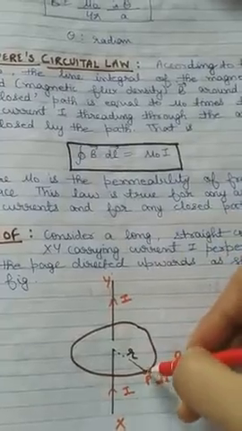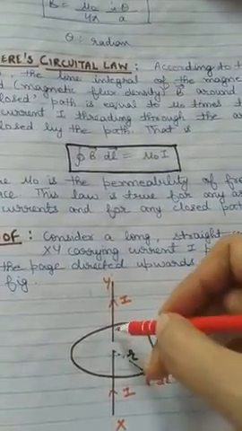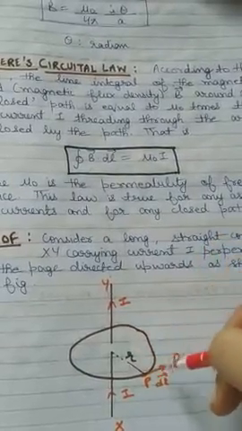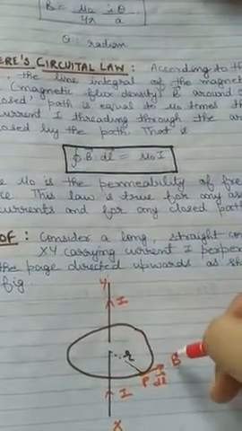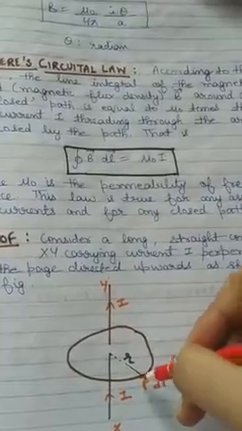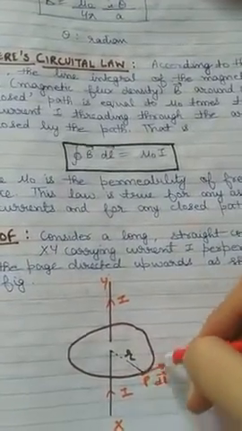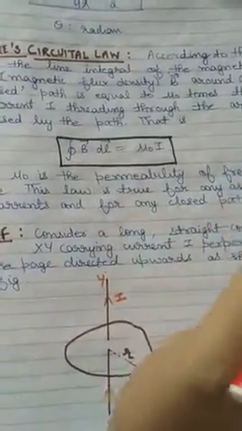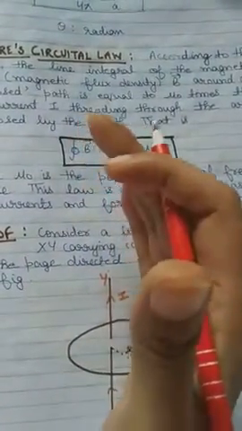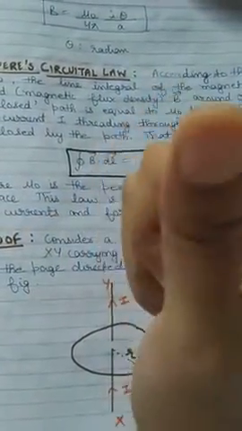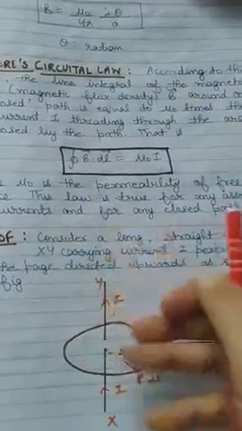So at point P, if we choose a point at distance r from this conductor, the magnetic field is tangential, and the dl element and B will be along the same direction. dl will be along this direction and B is also coming in this direction using the right hand thumb rule. The thumb is in the upward direction. Now when we draw this in the copy, we will draw it like this only.